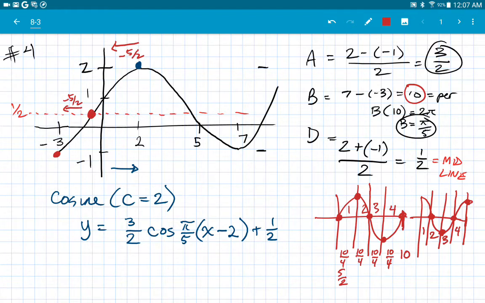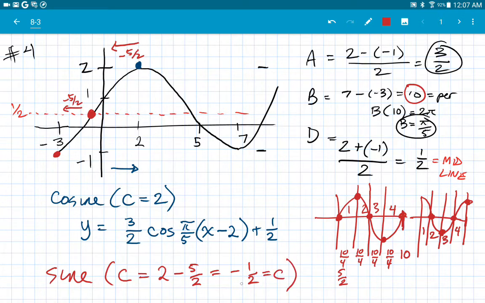So to find sine, the c value, if we're right here at 2, we can go back 5 over 2 to create our starting point for the sine graph. So c is going to be the same thing as taking the 2 and going back 5 over 2. And 2 minus 5 over 2 gives us negative half.